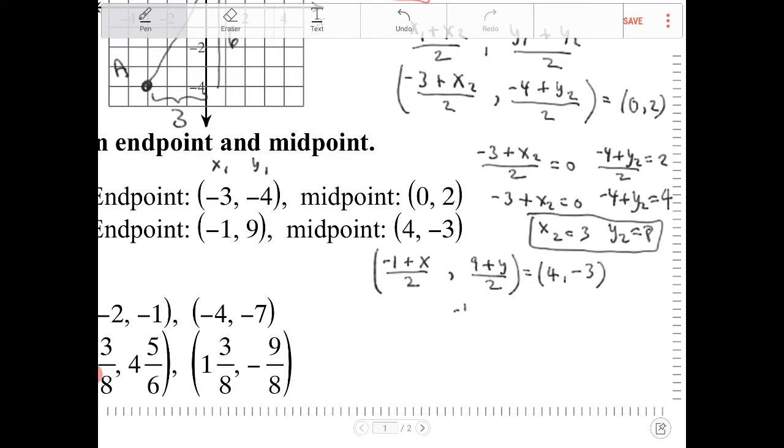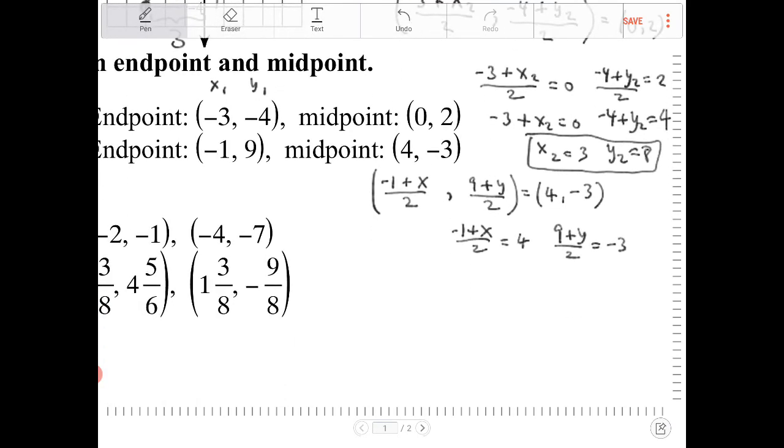So -1 plus x divided by 2 is equal to 4, and 9 plus y divided by 2 is equal to -3. Multiply both sides by 2. -1 plus x is equal to 8. Add 1 to both sides, and x is equal to 9.